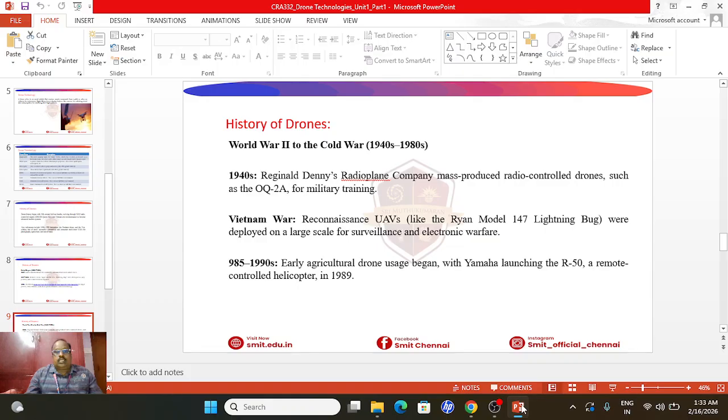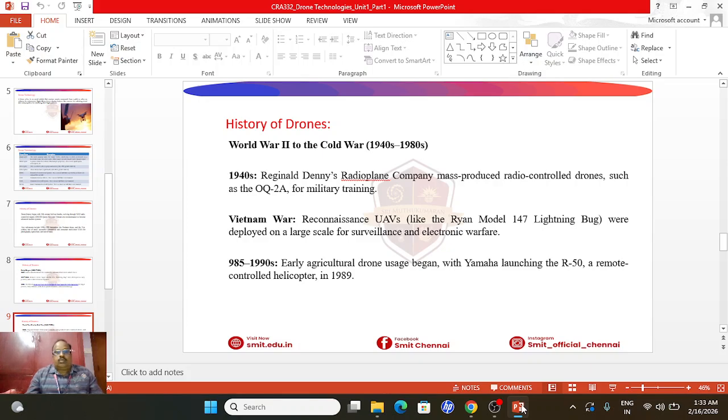Continuing with that, in 1940, Reginald Denny and the Radioplane Company mass produced radio-controlled drones such as the OQ-2A for military training.